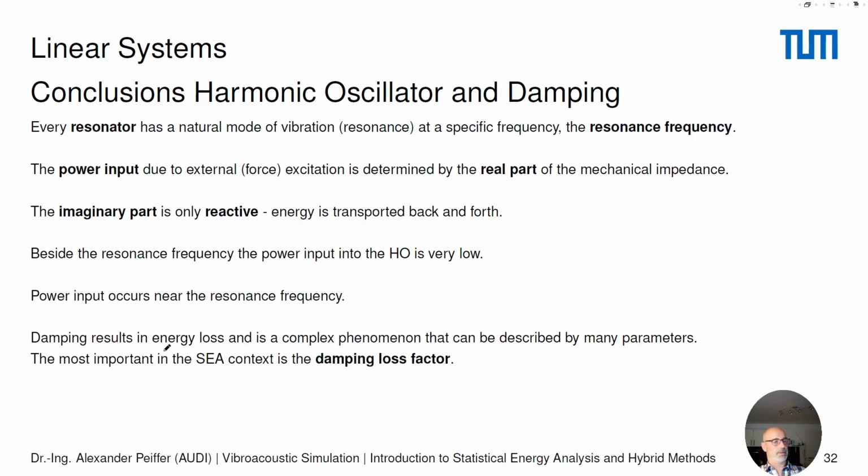And the damping results in energy loss and is a complex phenomenon that can be described by many parameters. The most important of all those parameters that I've shown you before, especially in the SEA context, is the damping loss factor. This is something that you really have to keep in mind.